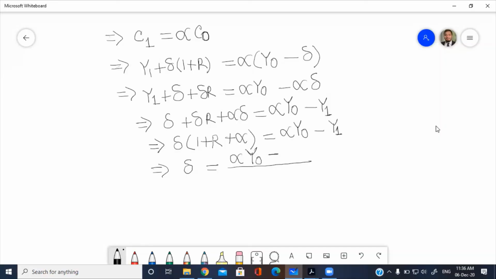We already have learned how to get the difference between the income and the consumption we are making in the current period, so it is possible to express the difference in terms of delta. 1 plus R plus alpha. Is it possible to express delta in terms of this?